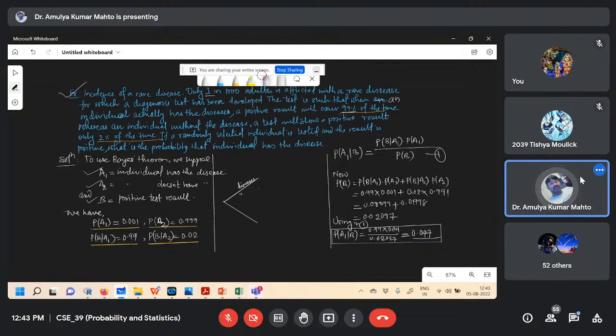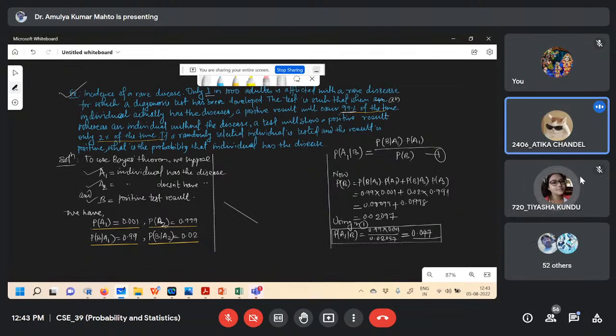So according to the question, 99% of the time it is showing a positive result, right? But then it is written that only 2% of the time it will show a positive result without a disease. What does it mean?